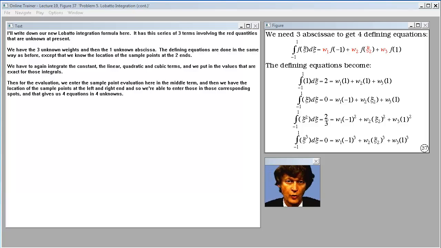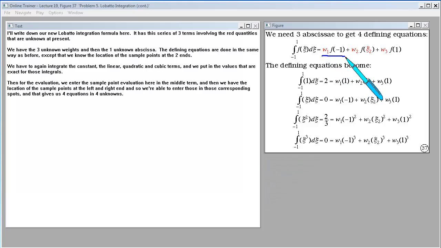I'll write down our new Lobatto integration formula here. It has this series of 3 terms involving the red quantities that are unknown at present. We have the 3 unknown weights and then the 1 unknown abscissa. The defining equations are done in the same way as before, except that we know the location of the sample points at the 2 ends.